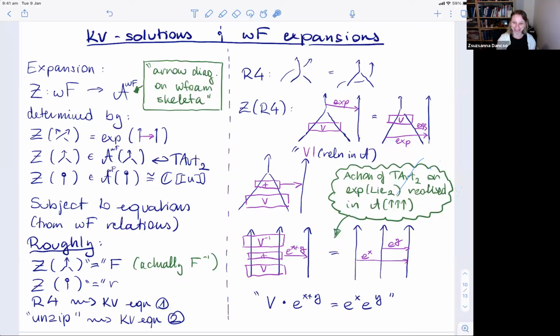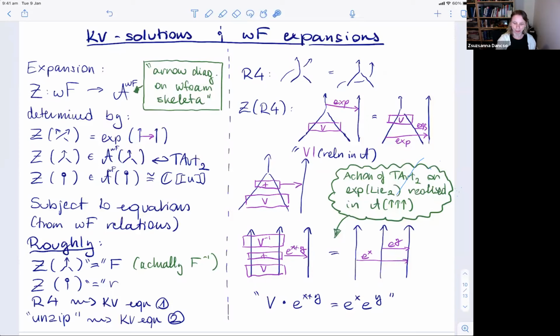And if you just apply the homomorphic expansion to each feature, there was a vertex and there was a crossing. So you get some value of the vertex and you get an exponential of the arrow. You do that for the other one, you get two exponentials because there are two crossings and the vertex.